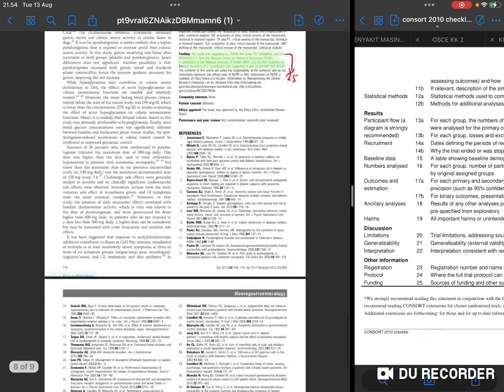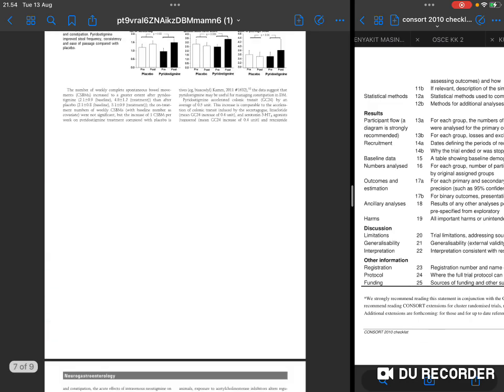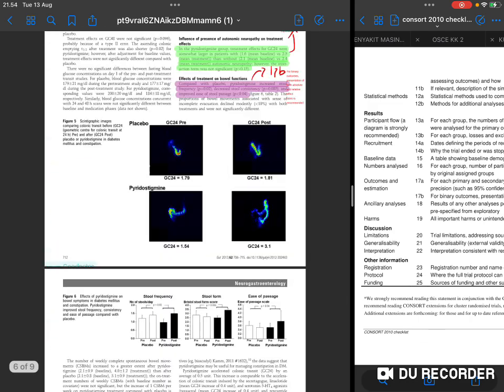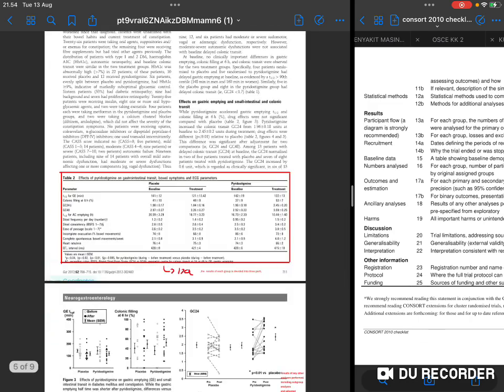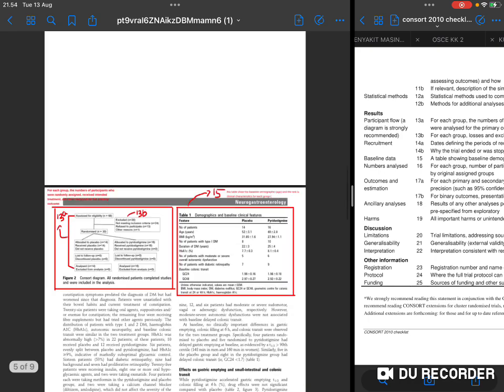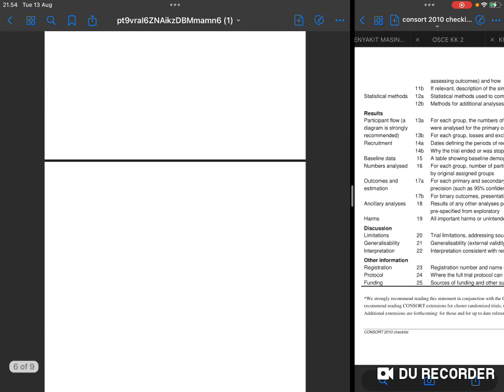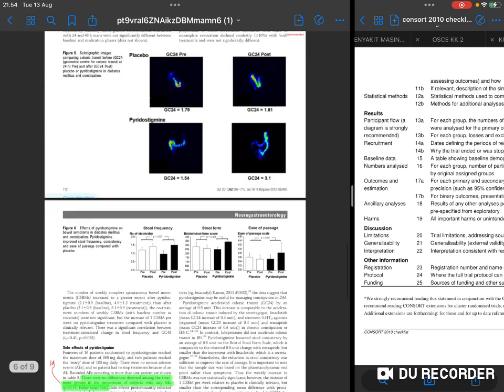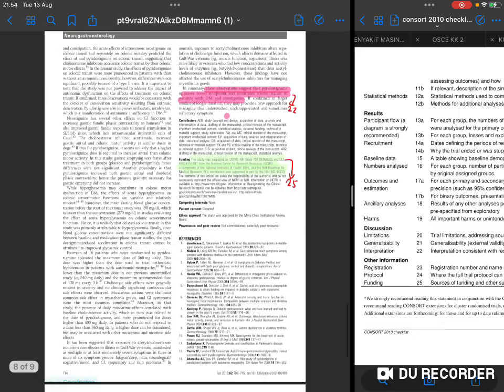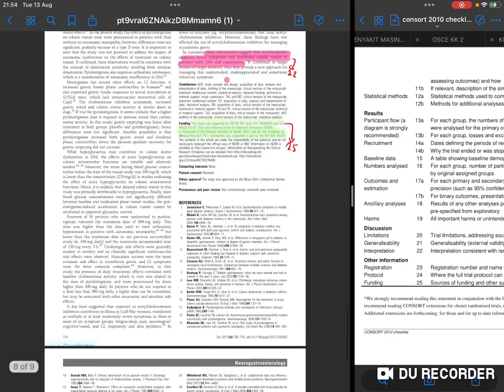Then we move on to the discussion page. I'm searching for the number 20.